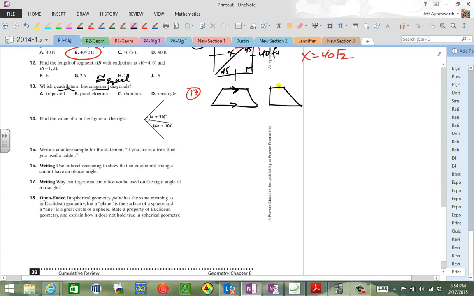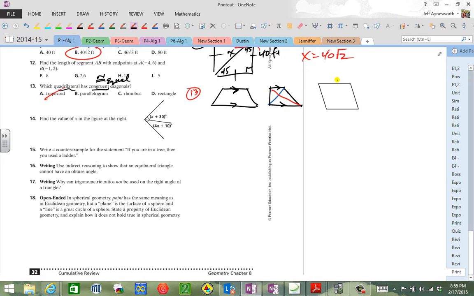Now look at this diagonal in blue compared to the diagonal in red. Obviously the red's longer than the blue, so it can't be a trapezoid because it doesn't have congruent diagonals. Even if you draw a parallelogram, here's one right here. Here's one diagonal in red, and here's another in blue, and clearly the blue's longer than the red, so it can't be the parallelogram.